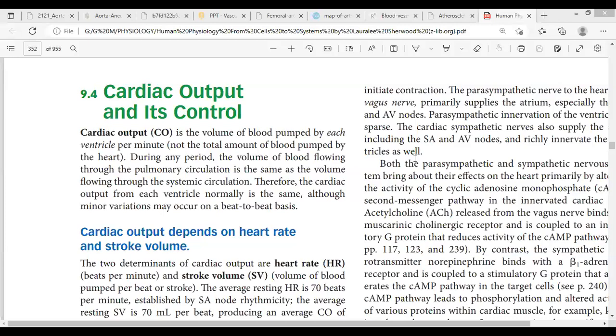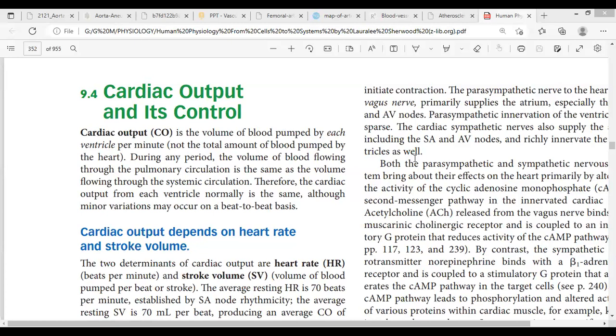The heart has certain beats per minute. I think the normal heartbeat per minute should be 72, if I'm not wrong. Am I correct? For a normal person, 60 to 100 beats per minute. Okay, so the volume of blood pumped out with each beat adds up to the cardiac output.